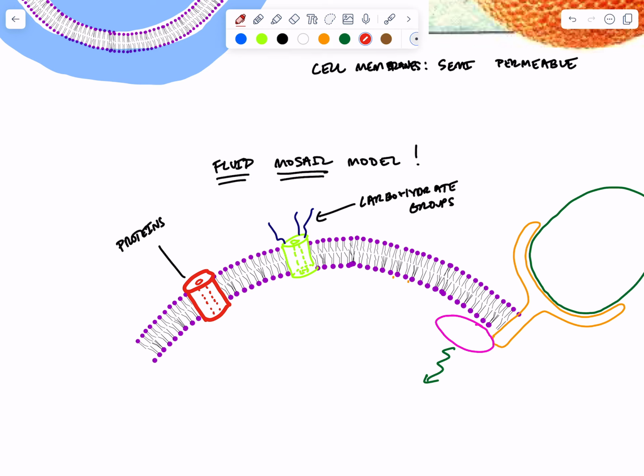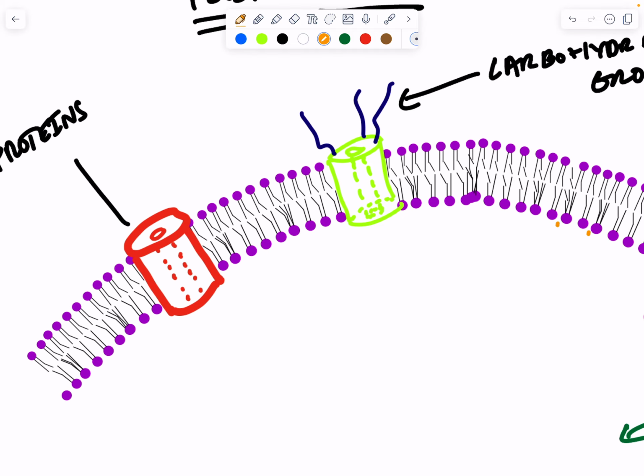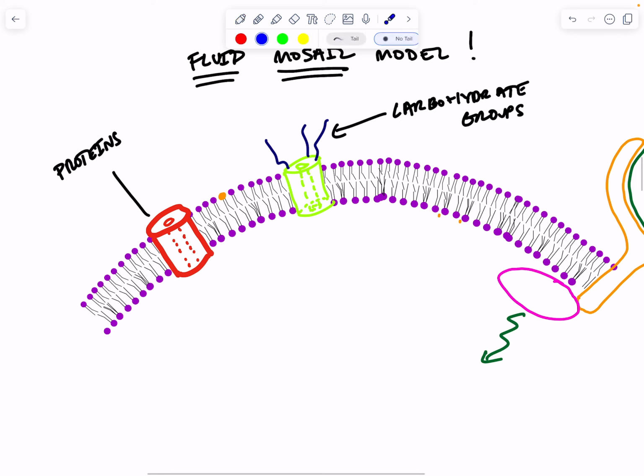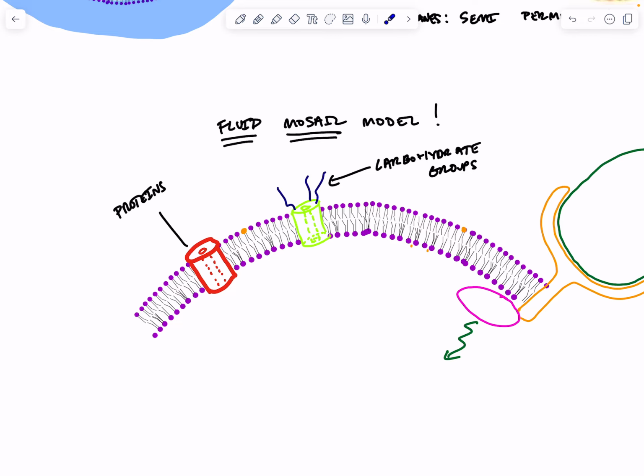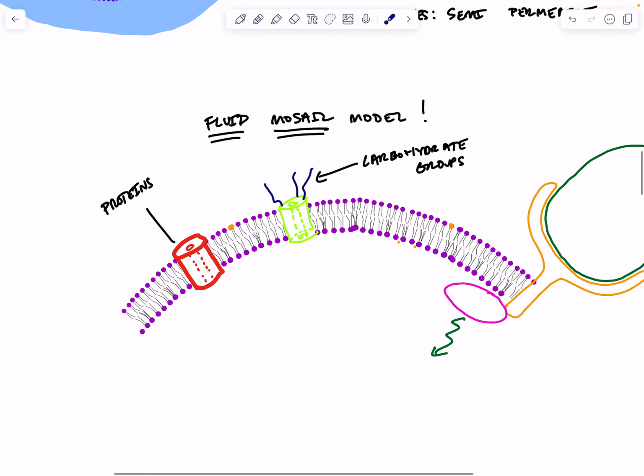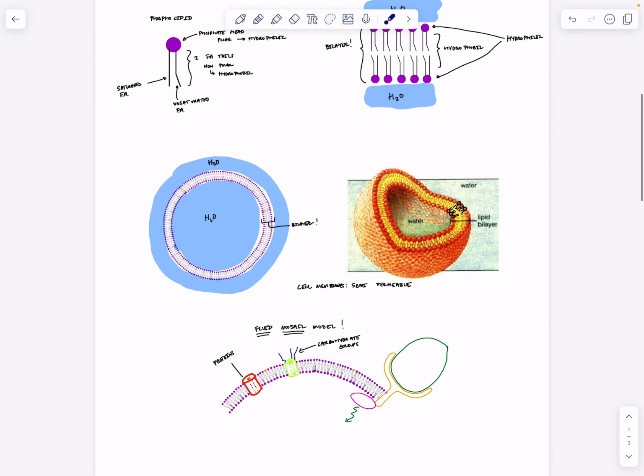And if we labeled it with some sort of radioactive tag, we might notice that an hour later, this phospholipid has actually moved in the cell membrane, and now it is over here. So in the cell membrane, things are not fixed. They are free to move around within the cell membrane, and they are moving. So that's the fluid part. Things are moving, and it's not just phospholipids, it's a whole mosaic of different components in the cell.